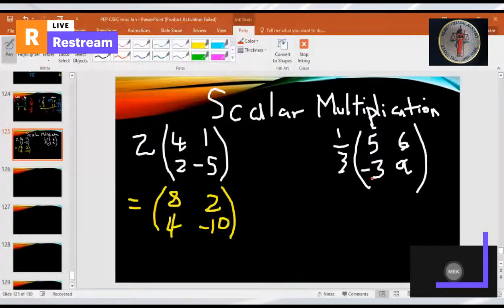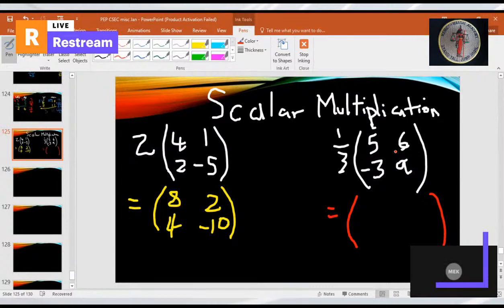So let's now do the next one. We're multiplying everything in the bracket by 1/3. In matrices, we are allowed to leave improper fractions as they are. You can change it to a mixed number if you want, but you're allowed to leave an improper fraction there.